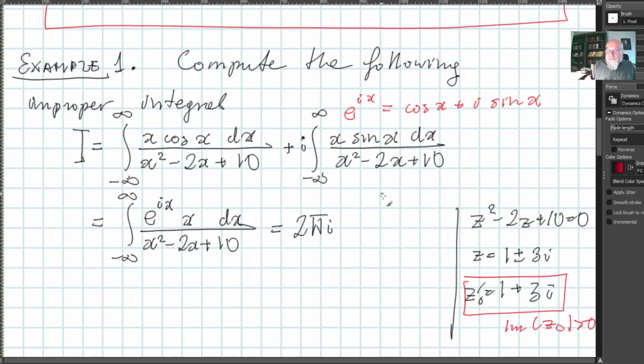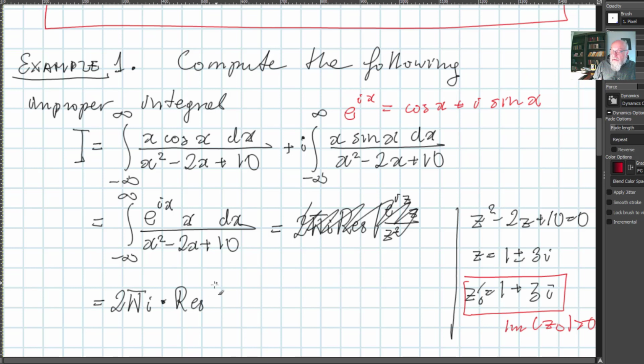So I can write it down. This will be the residue of the function e to the iz divided by z squared minus 2z plus 10, at the point 1 plus 3i.